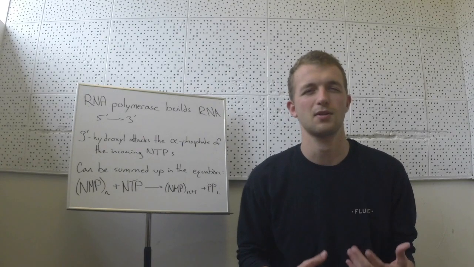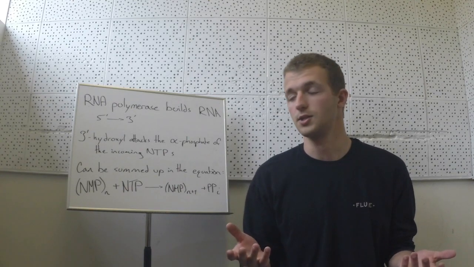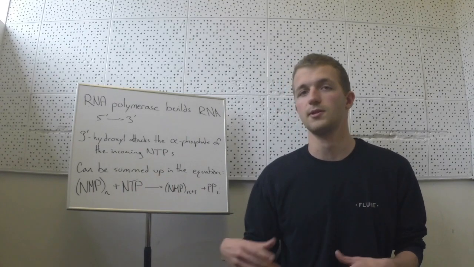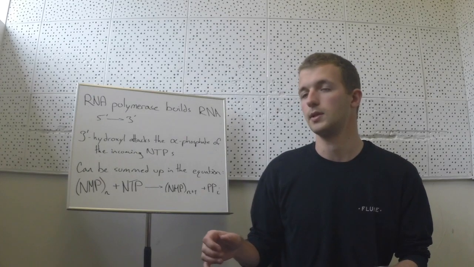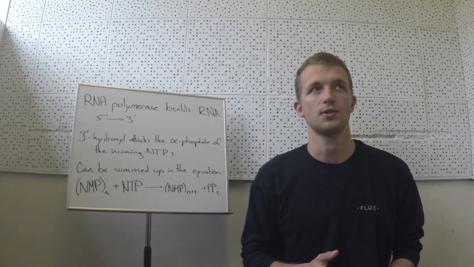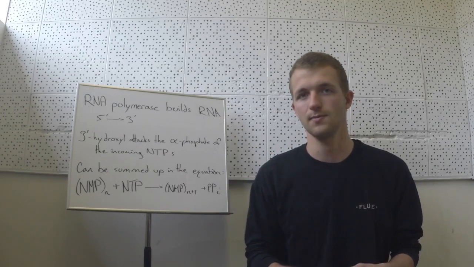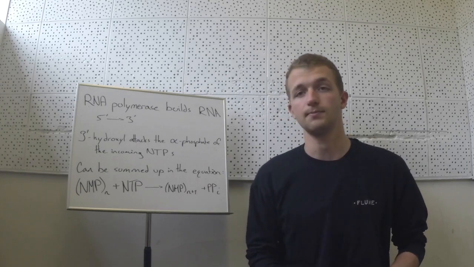And it could all be summed up in the equation NMP(n), which is our growing RNA chain, plus an NTP, gets converted into NMP(n+1), which is basically we just add the nucleotide onto our RNA and it grows, plus an inorganic phosphate.